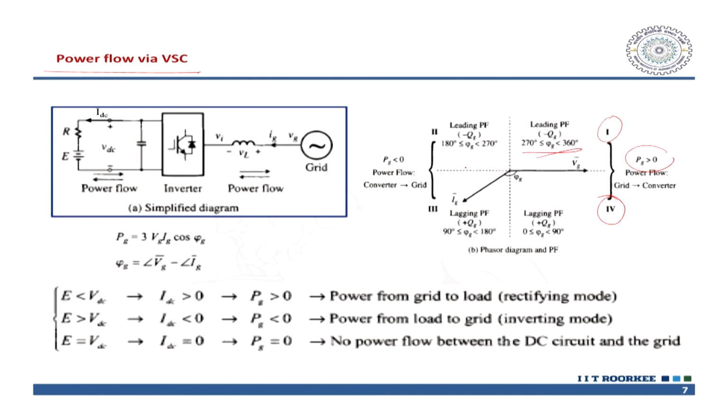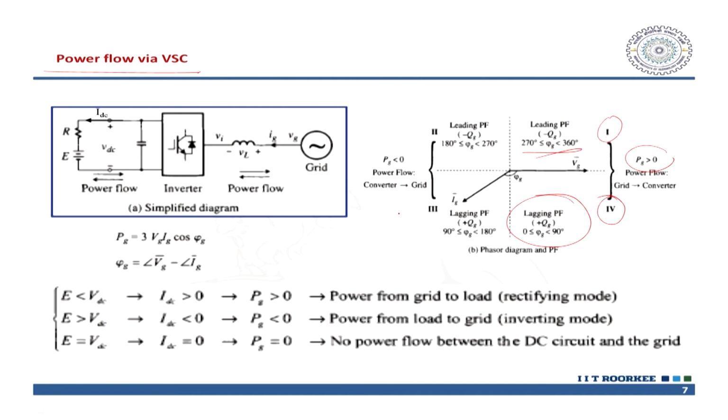And generally if it is a leading power factor, then you have the operation range of 270 to 360 degrees. On the other hand, in this coordinate you have Pg positive, but you can have a negative power factor, where the angle will vary within 0 to 90 degrees.